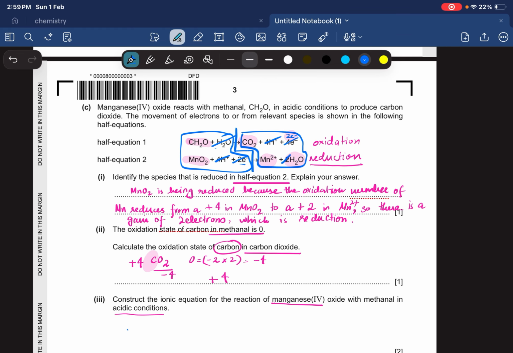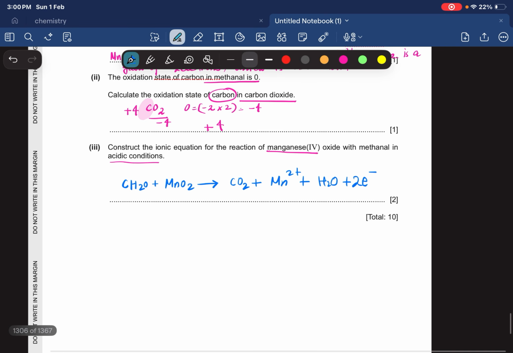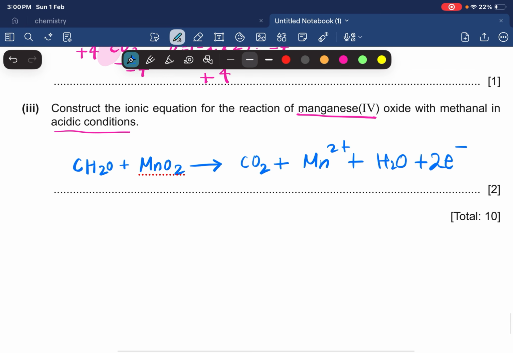What I'm going to write is CH2O plus MnO2 is going to give me carbon dioxide plus Mn2+ plus H2O plus 2 electrons. So that's going to be my ionic equation. What do you guys think? Is it correct? I think it is.